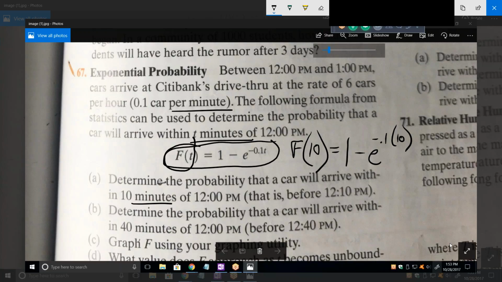Everything appears to be in minutes. Nothing is in hours. So we're fine using 10. And then whatever that is, what is that number? 0.63.